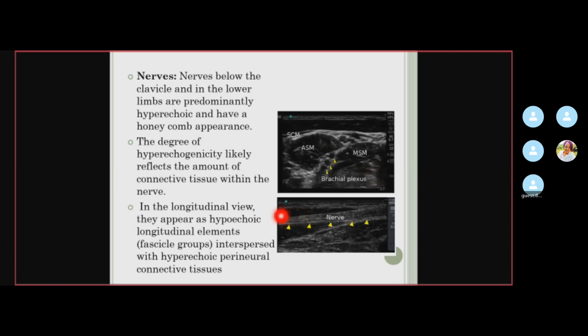In this also, this is the nerve which is seen, a little bit hyper, not like the bone, but slightly hyper than the surrounding area. How bright it will appear depends upon the connective tissue, that is, the makeup of that nerve.